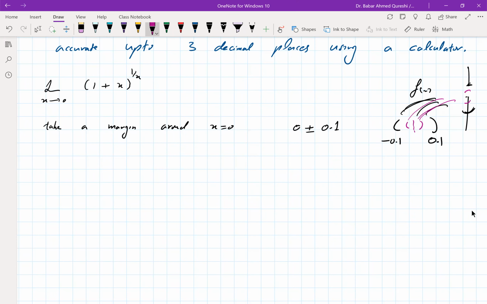So if this shrinks, and then I make it even smaller, and if this shrinks, so then I'm zooming in. Zooming in to the limit.